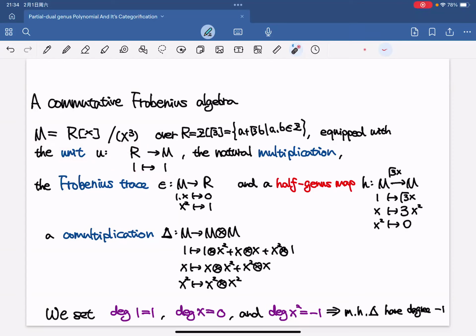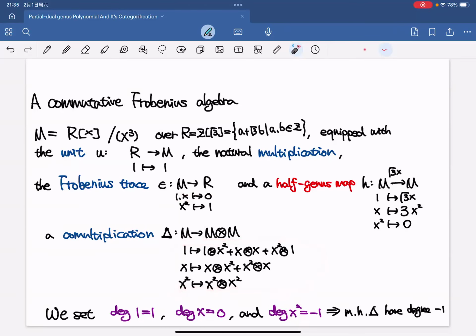We define the Frobenius trace from M to R, which sends 1 and x to 0, and sends x squared to 1. Also, here we have a comultiplication from M to M tensor M.